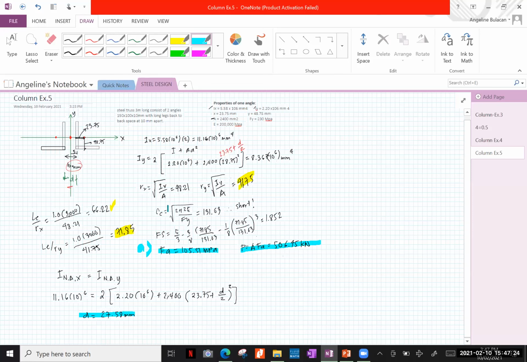And then, tsaka nyo i-solve. As long as makuha nyo yung RX, yung radius of gyration, dire-diretso na yung pag-solve. Tulad nung sabi ko, typical is yung RY yung magpi-prevail para makuha mo yung slenderness ratio. But there are cases like the previous example wherein you need to consider the X and Y axis kasi magkaiba yung buckling nung X and Y axis.